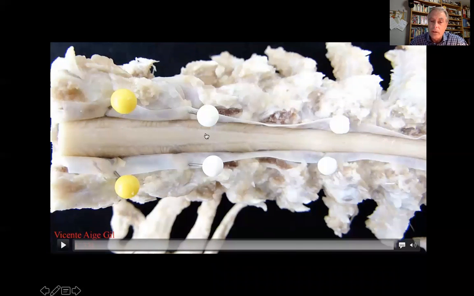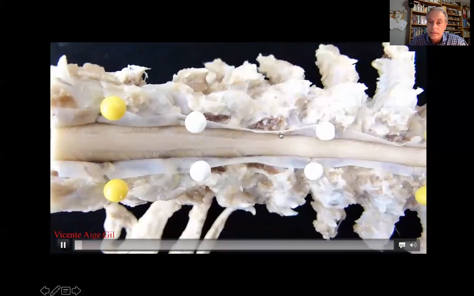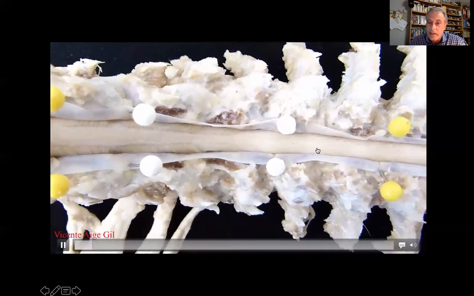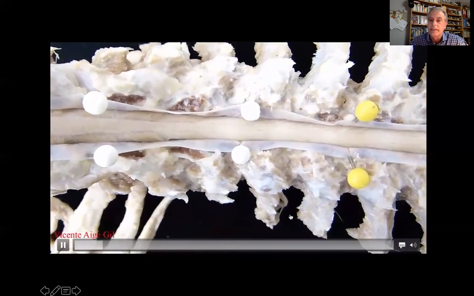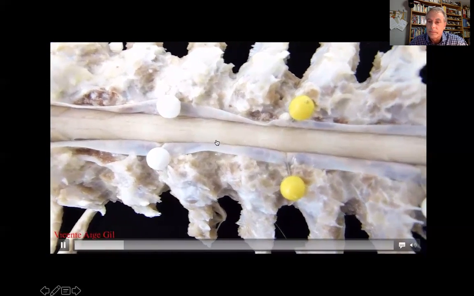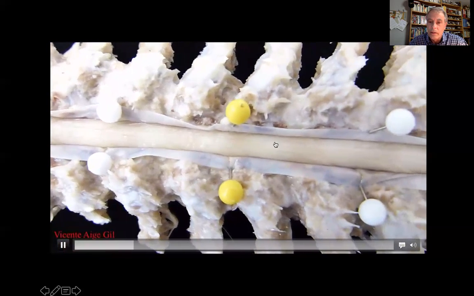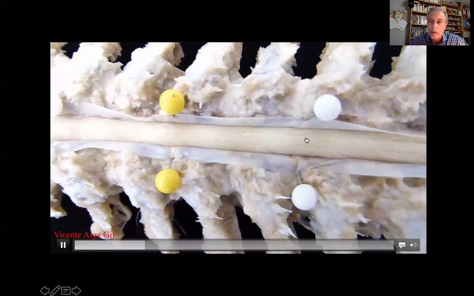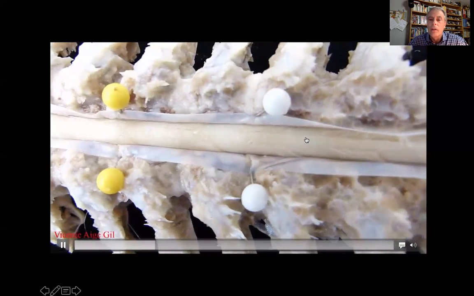And as you see, the dorsal funiculus gets thinner when it gets to the thoracic level. See, it gets thinner. This is the dorsal funiculus here. We'll talk about that in other talks.